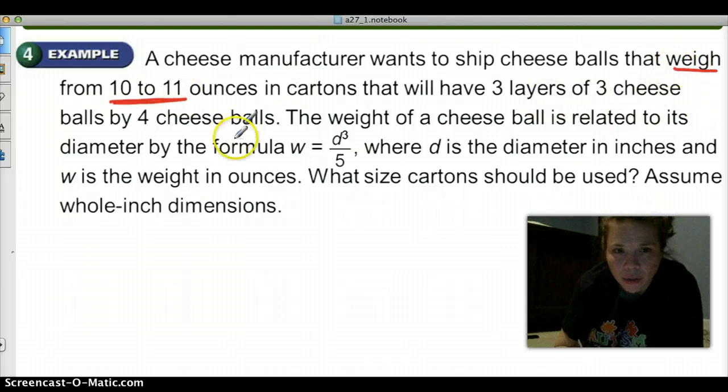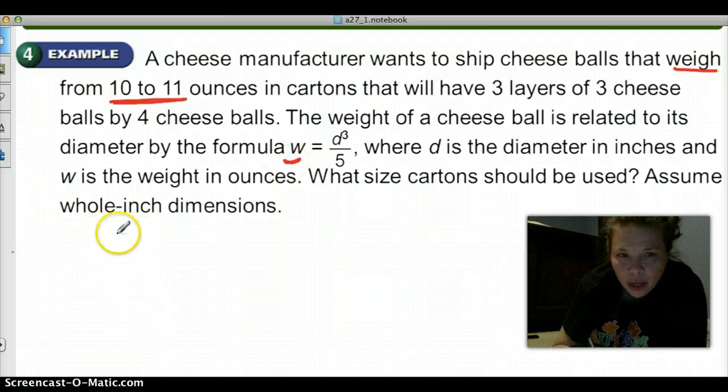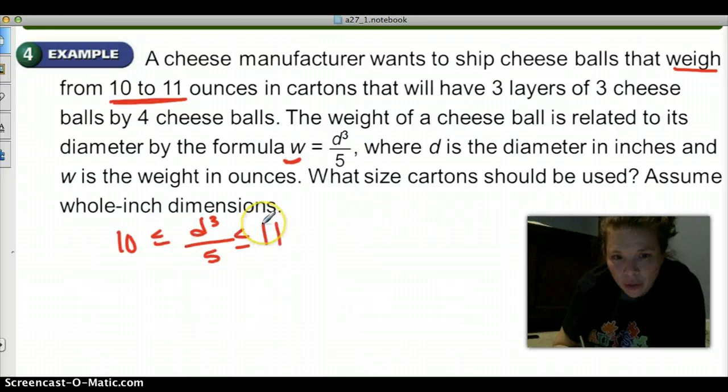Okay, so up here, this is our weight. It weighs from 10 to 11. So that's going to go in here. So we have 10 less than or equal to D cubed all over 5, less than or equal to 11. We're trying to get rid of this 5, so we're going to multiply everything through by 5 because we're solving it for D. So we multiply this by 5, this by 5, and this one by 5.